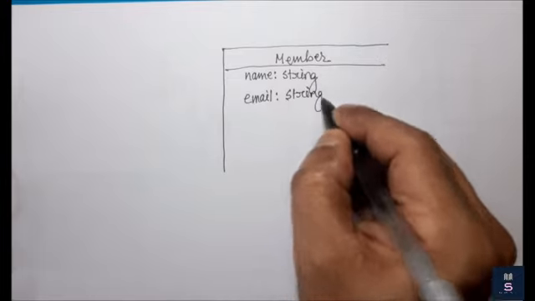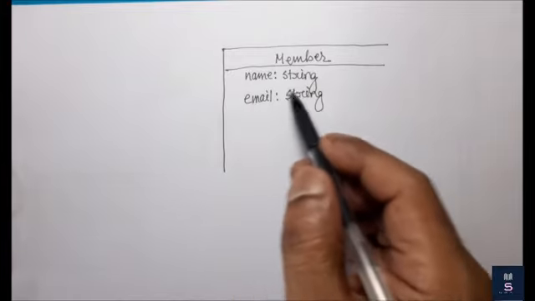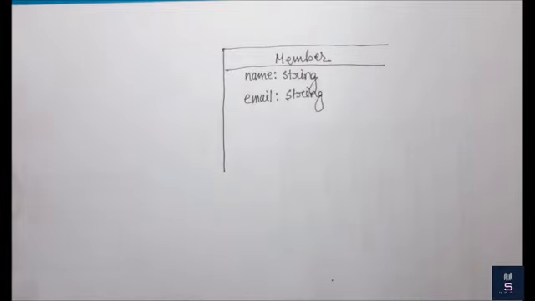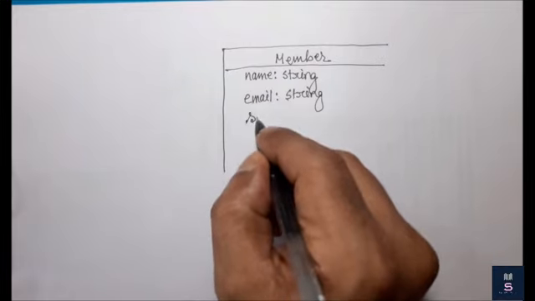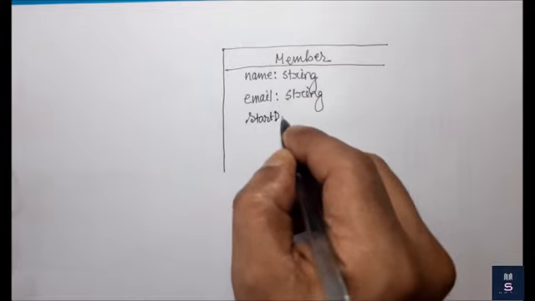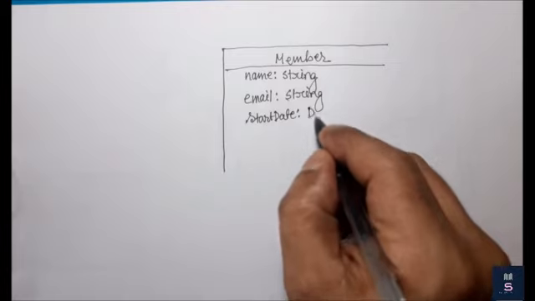Whenever we write a data member, we use the attribute name, colon, then the data type. And for example I have used start date, and its data type is date.